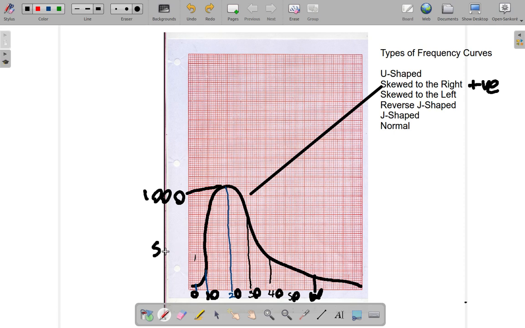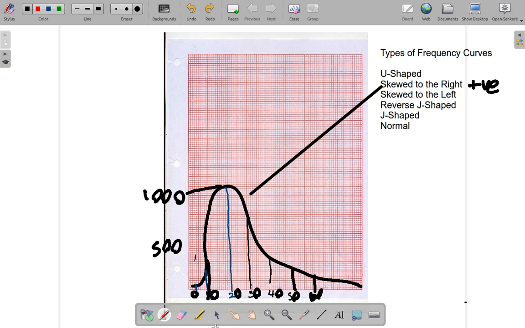Few got less than 20, maybe 10, 250 of them got 10%. 700 and odd got 30, but only a few of them actually got over 50. So you can say it's skewed to the right.